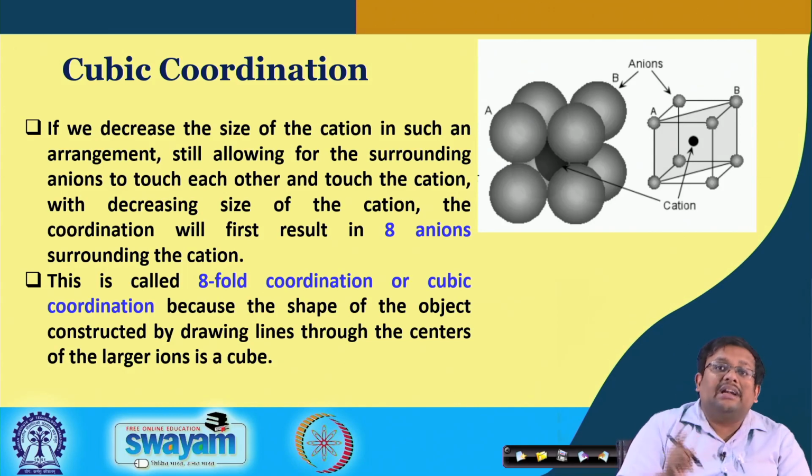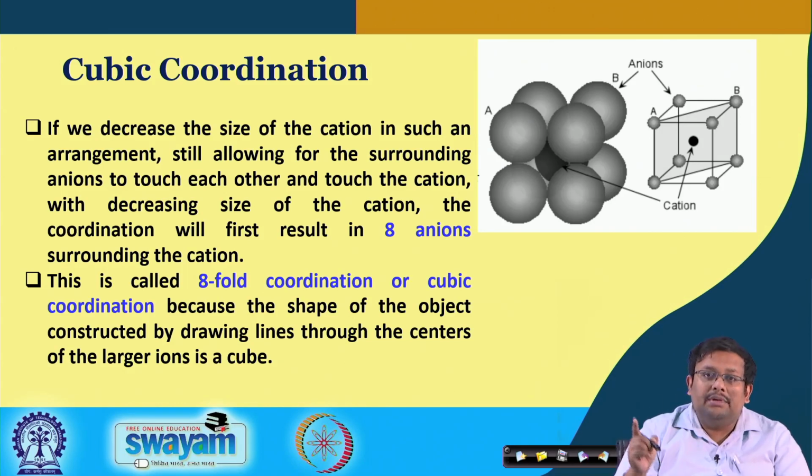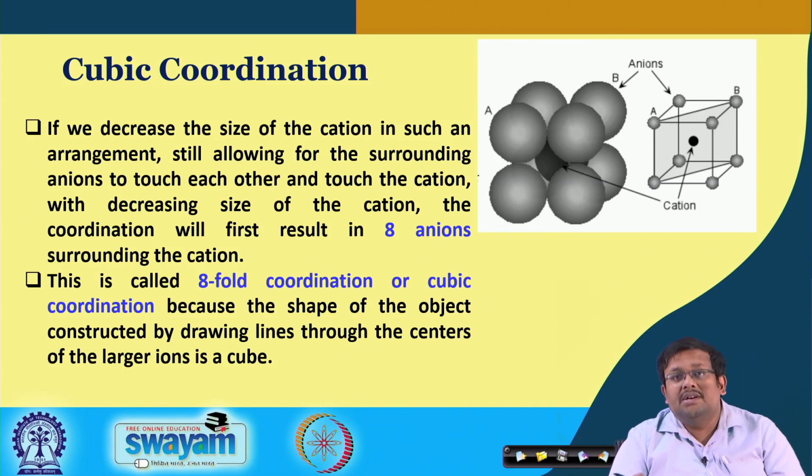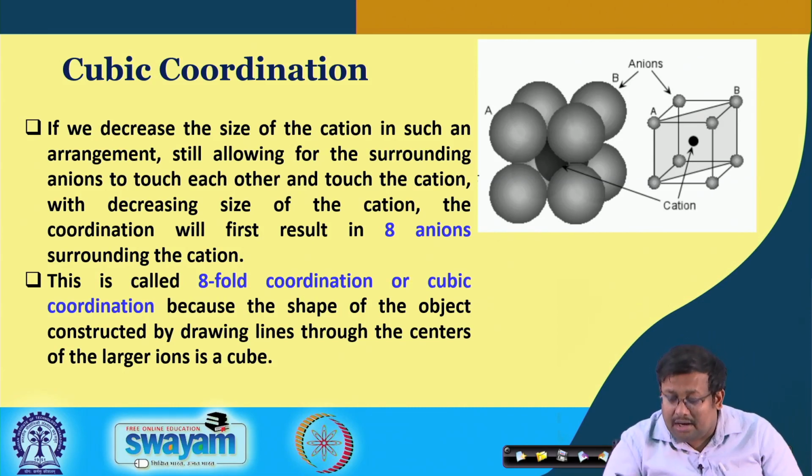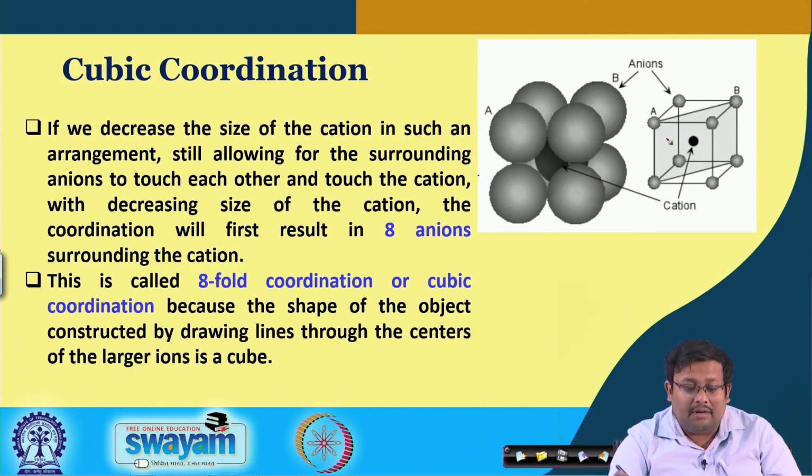So, earlier we started with 12-fold coordination. Now, we are moving towards 8-fold coordination, because due to the decrease of the cationic size, we are now surrounding the cation by only 8 anions, as you can see here 1, 2, 3, 4, 5, 6, 7, 8. So, this is called an 8-fold coordination or cubic coordination.